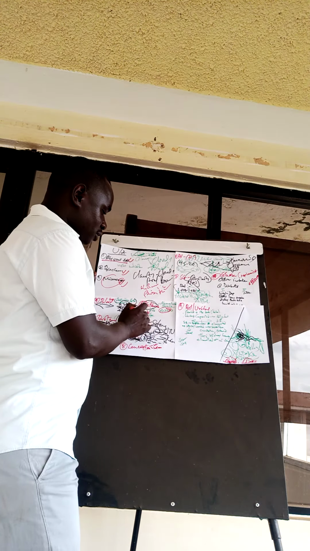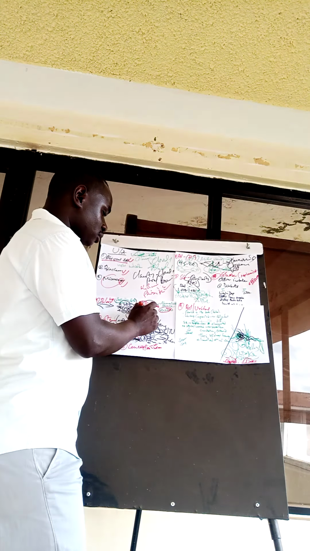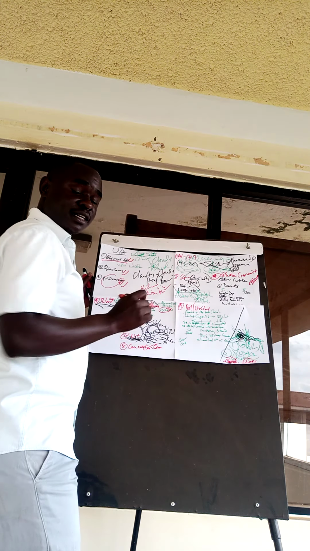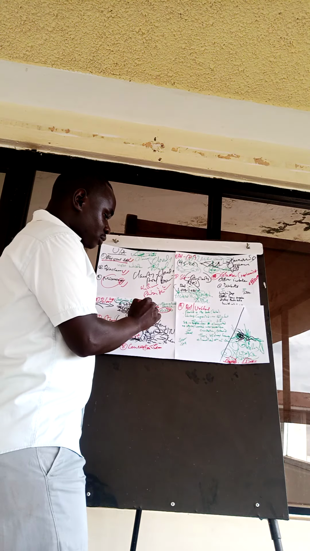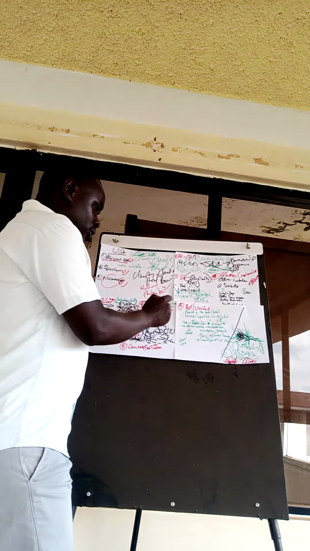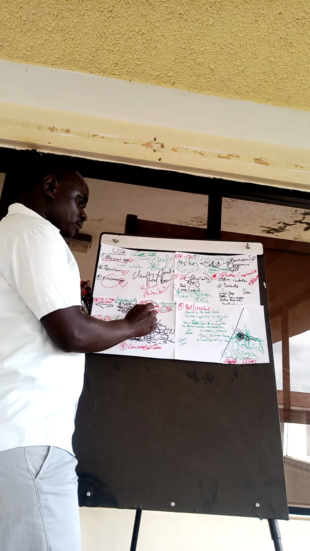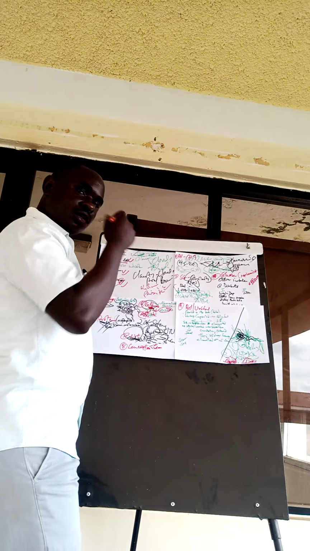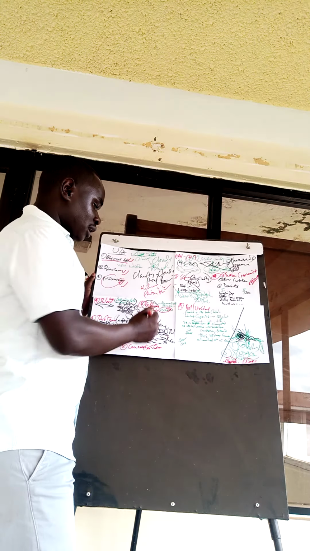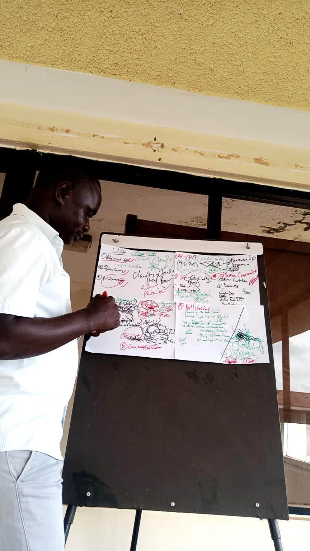So meaning that if there is no insulin, the glucose present is not utilized, so the body still relies on ketone in the generation of energy. Two, the presence of ketone can also be an indication of starvation or diminished carbohydrate consumption. When carbohydrate consumption is diminished you can have presence of ketone in urine.